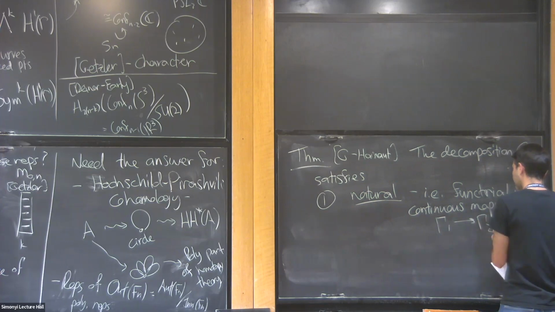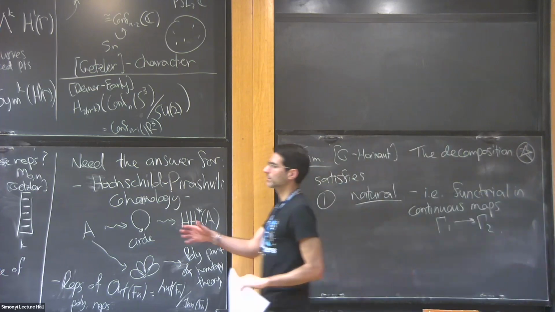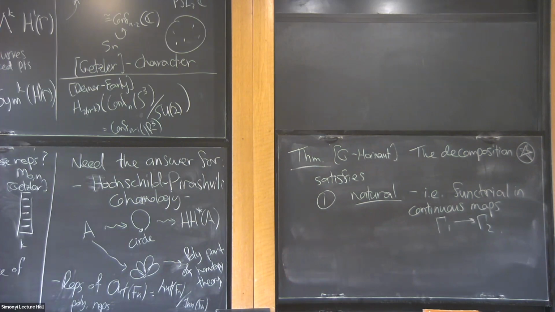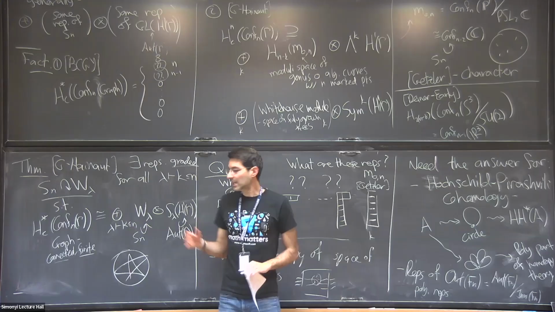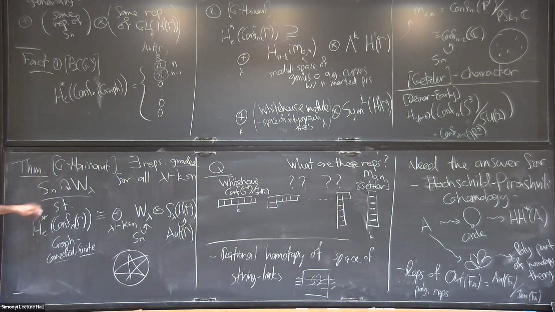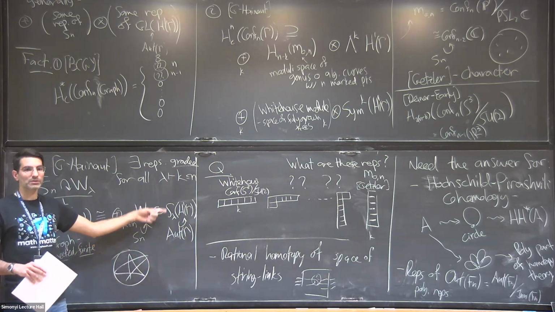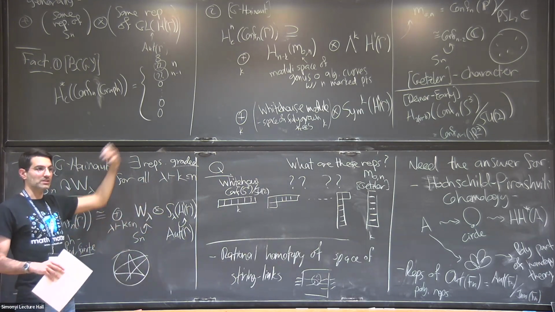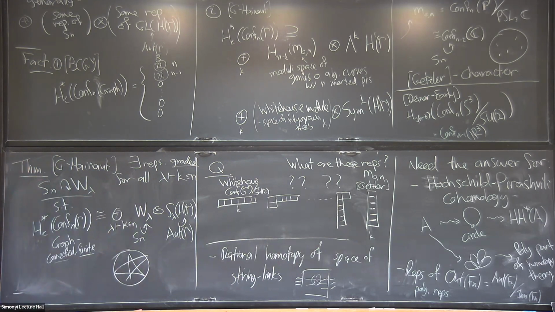Any gamma 1 mapping to gamma 2 would induce a map on this side and would induce a map on this side. And this decomposition, up to some associated graded, is natural in every map. So in particular, when you have an automorphism of the graph, it's going to act on here, but actually it's defined much more broadly. And this is where compact support cohomology is really important.